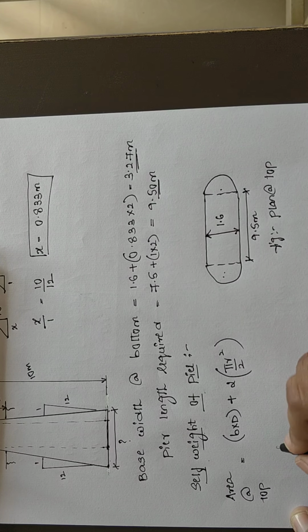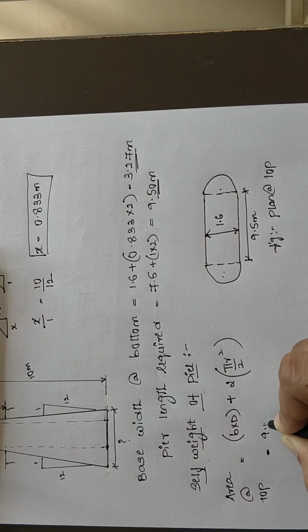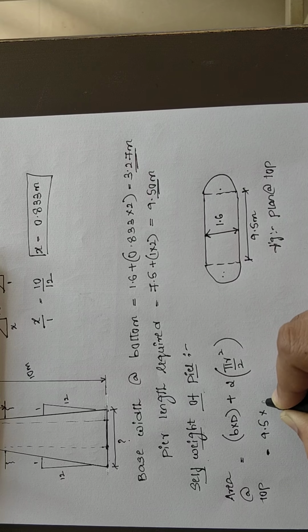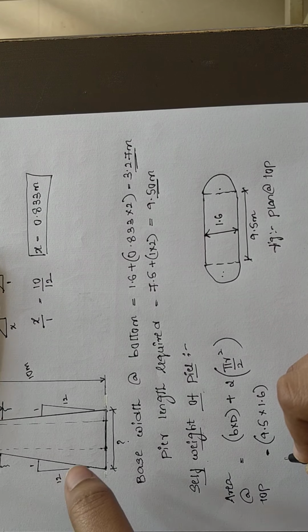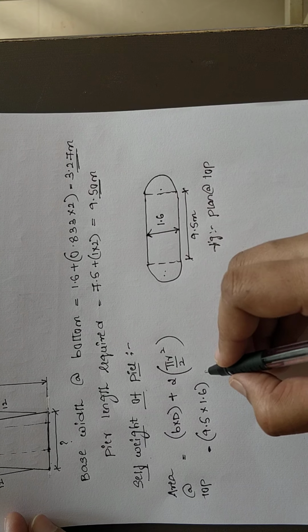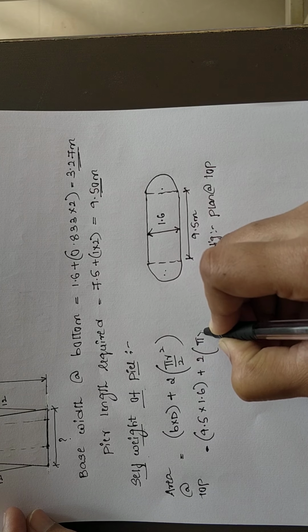Substitute the values. B value is 9.5 multiplied by depth value 1.6, plus 2 into pi into r square.